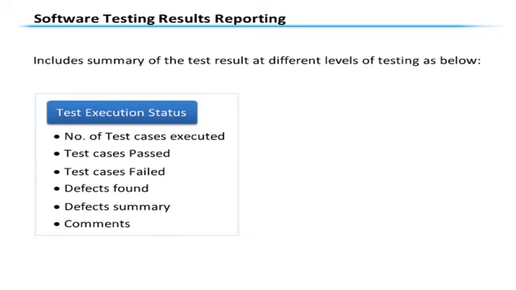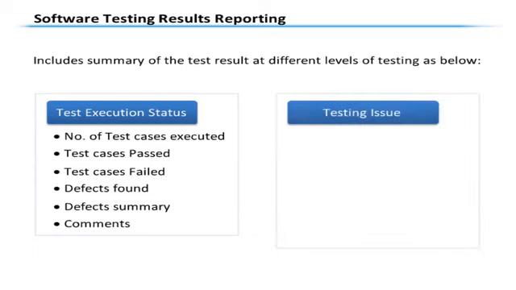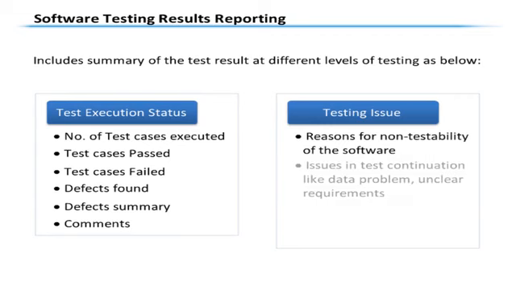Also, if some of the software functions are not tested, they should be highlighted as the reasons for non-testability of the software, or the issues in test continuation like data problems, unclear requirements, etc.